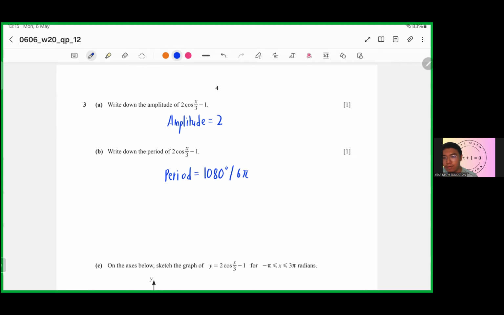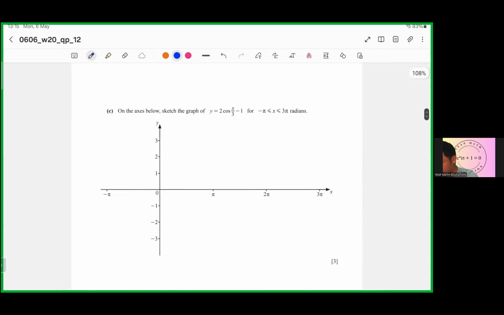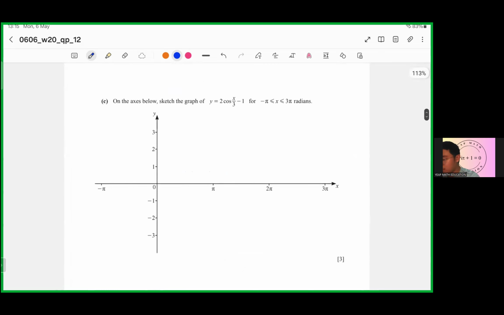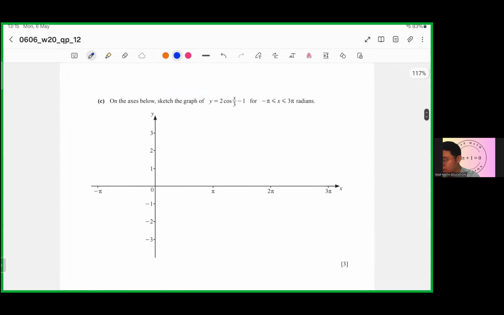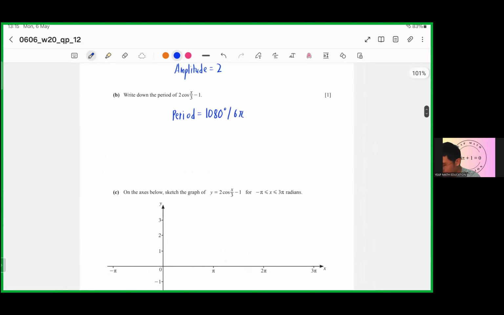Now we look at part C. On the axis below, sketch the graph of y equals 2 cos (1 over 3 x) minus 1. First, as we know the cos graph, sketch here. This is amplitude 2, and this is 2 pi.